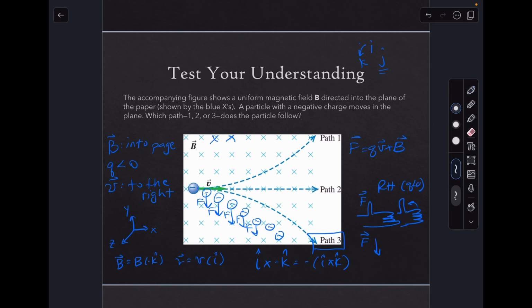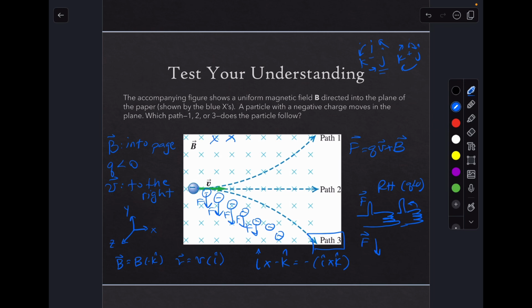So if we take it out, let's do the cross product of I cross K. I cross K is going counterclockwise. For I, J, K, clockwise is positive, counterclockwise is negative.